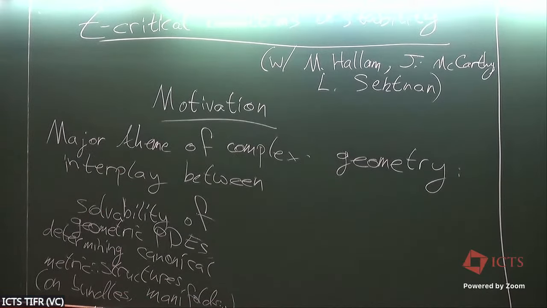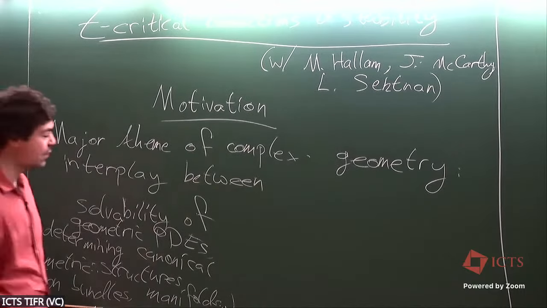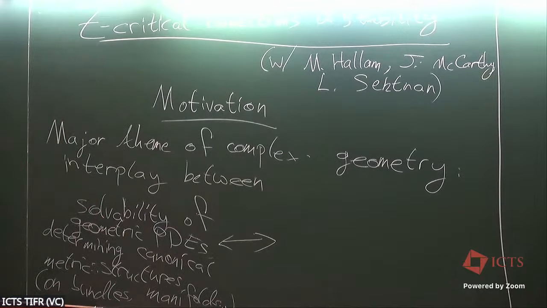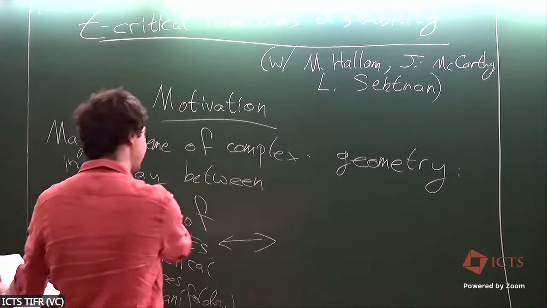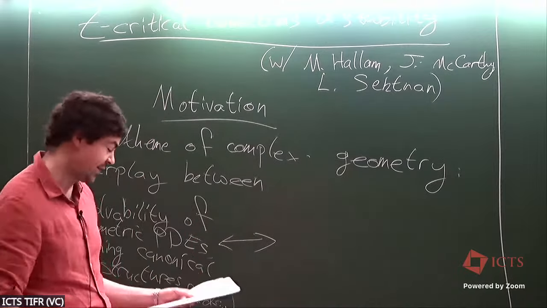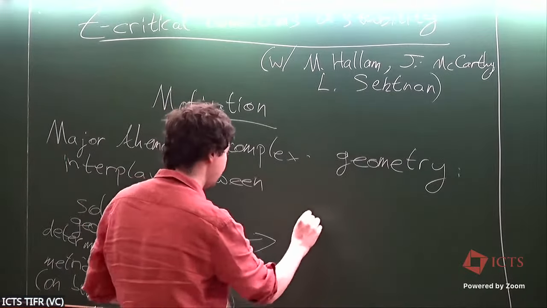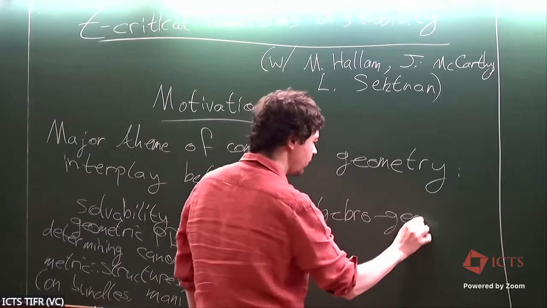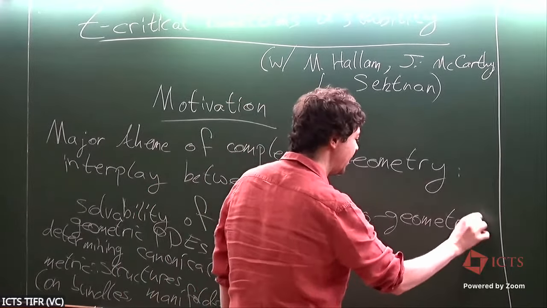And the theme is that this question, which is really an analytic question, a question that lives in differential geometry or geometric analysis, has a deep connection between this side of the picture and the purely algebraic geometric side of the picture. So this will be algebraic geometric stability conditions.